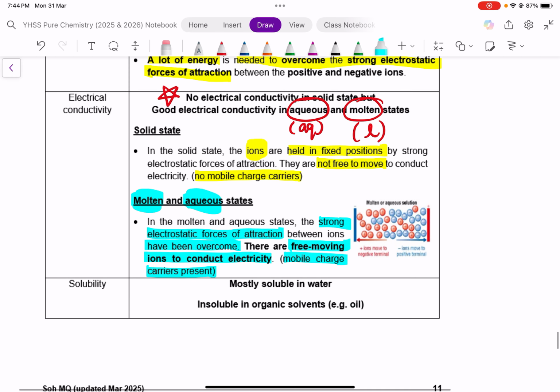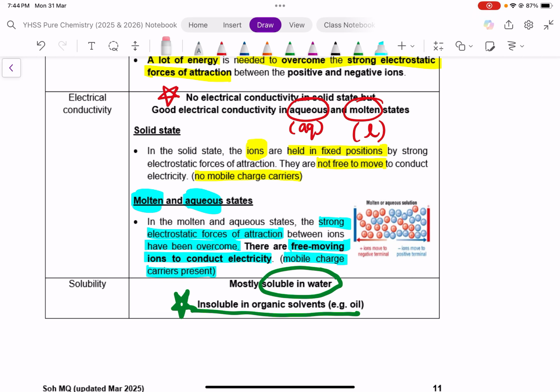And finally, ionic compounds like magnesium chloride and sodium chloride are soluble in water, mostly, not all, but mostly, with some exceptions. But more importantly, they are insoluble in organic solvents like oil.